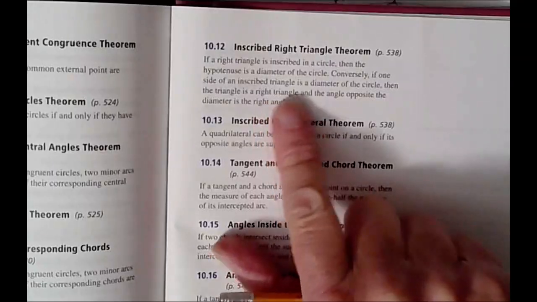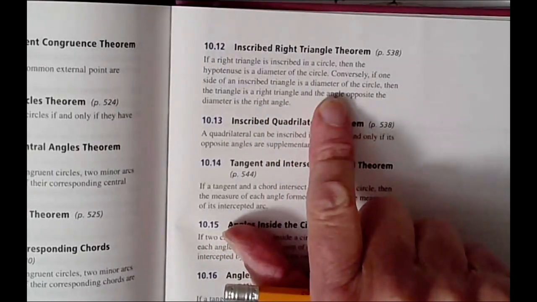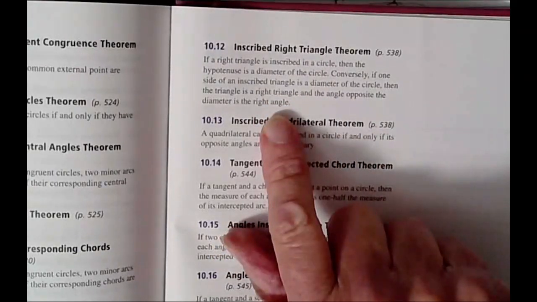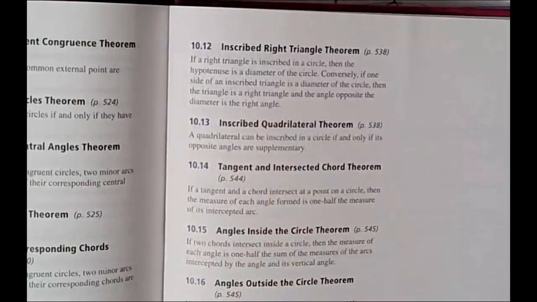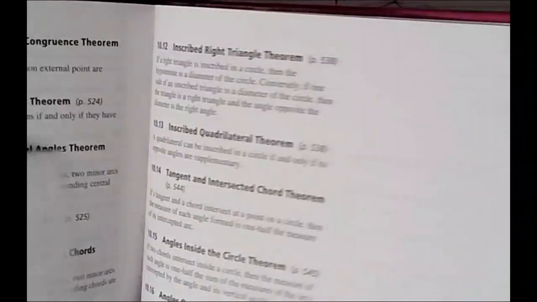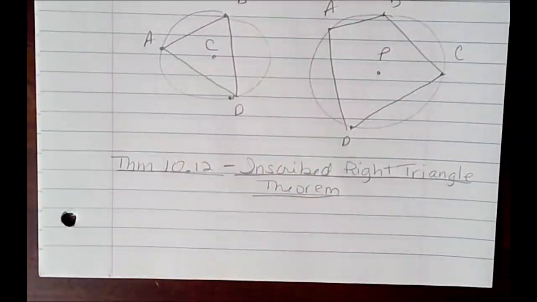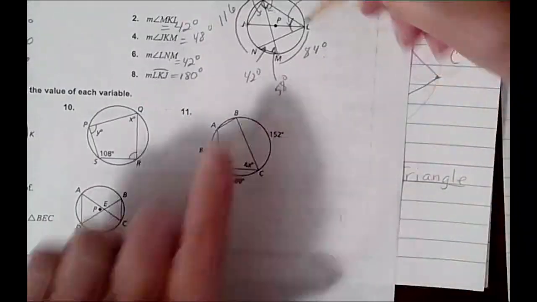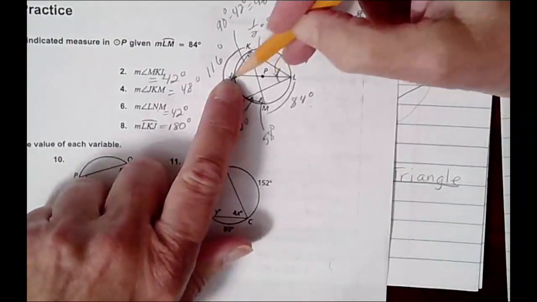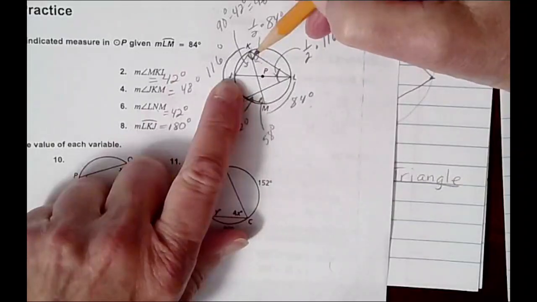Conversely, if one side of an inscribed triangle is a diameter of the circle, then the triangle is a right triangle, and the angle opposite the diameter is the right angle. So we've already kind of talked about that. That showed up here in this problem, that because JL was a diameter, then this was a right triangle, and we had a right angle right there, right?